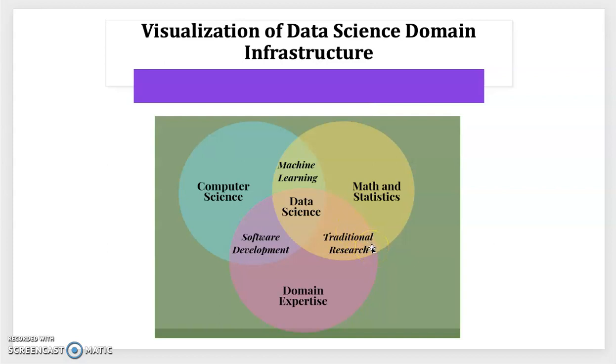And not only that knowledge, you also need to have domain expertise, which is knowledge of different industries. Then you will use software development, traditional research about the numbers, and apply machine learning algorithms. That's where data science came from.